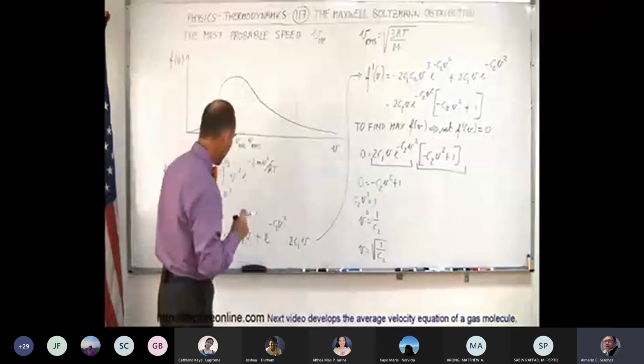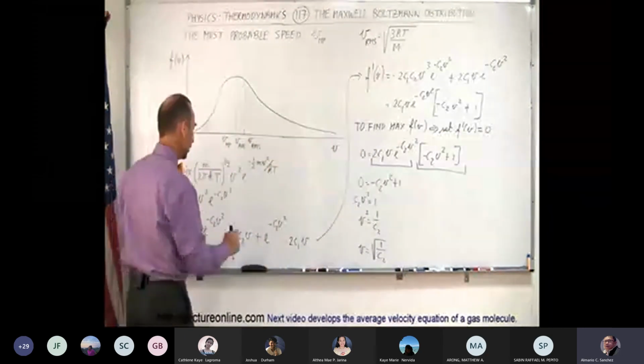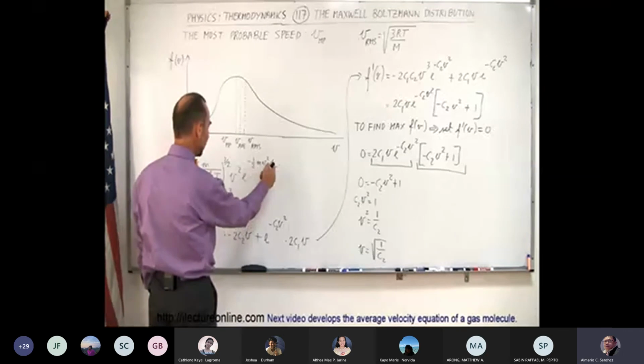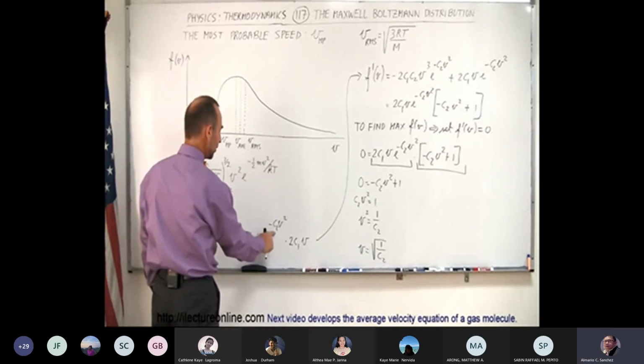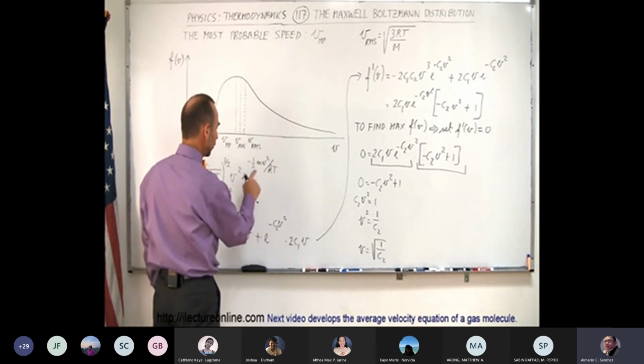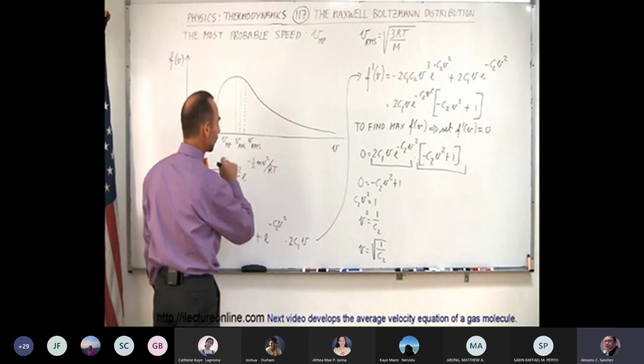Oh, okay, now let's go back and see what c2 was equal to. I made the substitution for this quantity right here. Everything but the v squared became c2. So I'm going to substitute c2 for 1/2 m over kT.